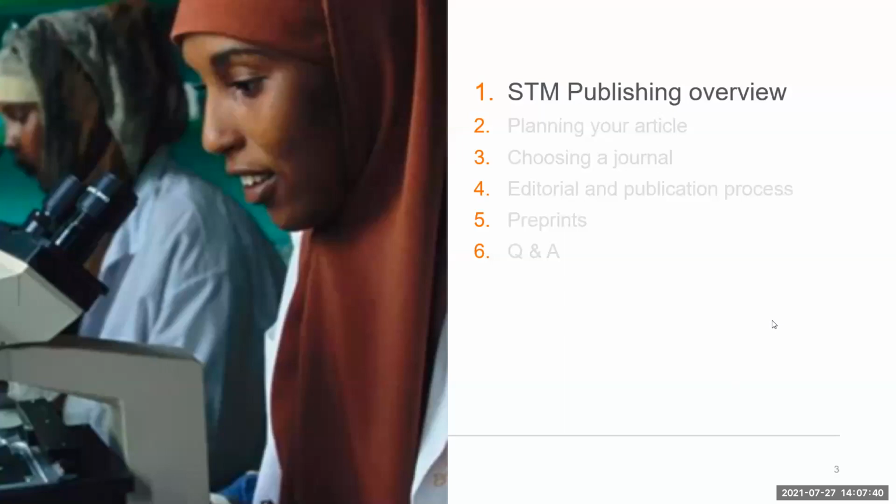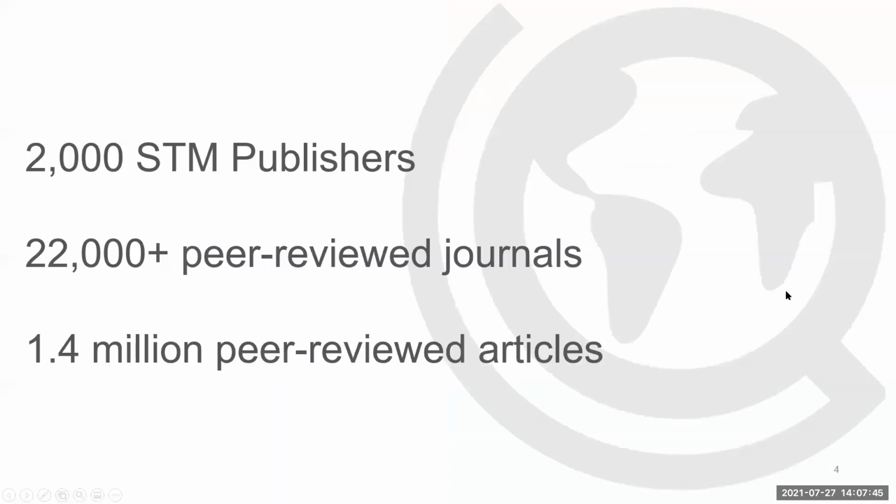Okay, so we're going to start with just an overview of publishing and how it works. So the current system of science, technology, and medical publishers, which we often shorten to STM, it's evolved over hundreds of years and serves the science and medical global communities.